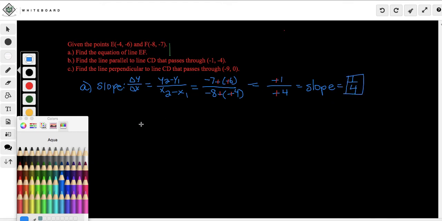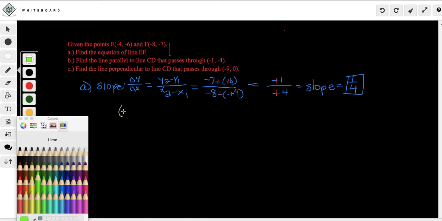So now that we know the slope, we're still looking for the equation of the line, right? We didn't find the equation yet. All we found was the slope. So we're now going to use our little formula to figure out what the formula of the line is.